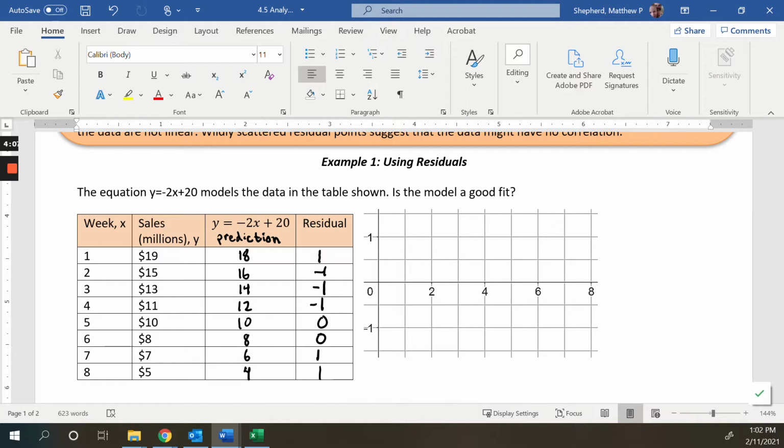So now I'm using my weeks and my residuals for the graph. Okay, so when x was a 1, our residual was a 1. When x was a 2, our residual was a -1. Then we had another -1, -1, a 0, a 0, and a 1 and a 1.